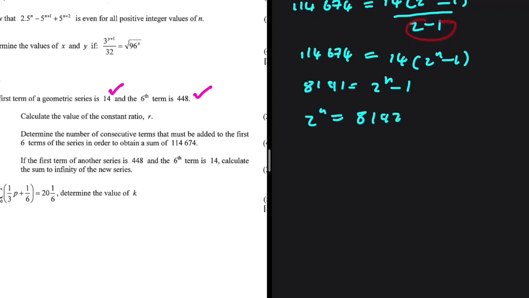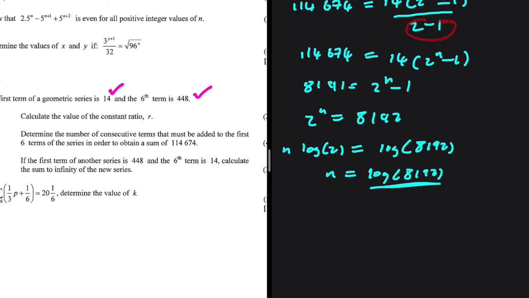So we can take log on both sides. We're going to have n log of 2 being equals to log of 8,192. So n is equals to the log of 8,192 divided by log of 2.